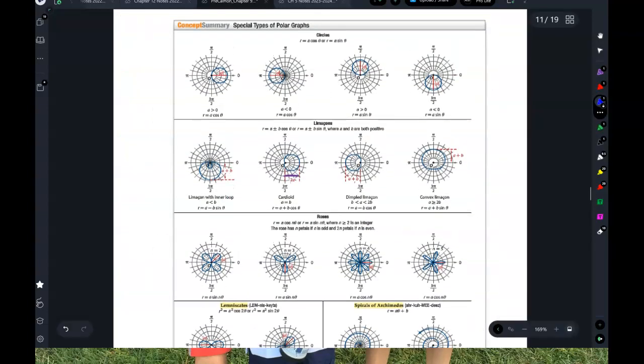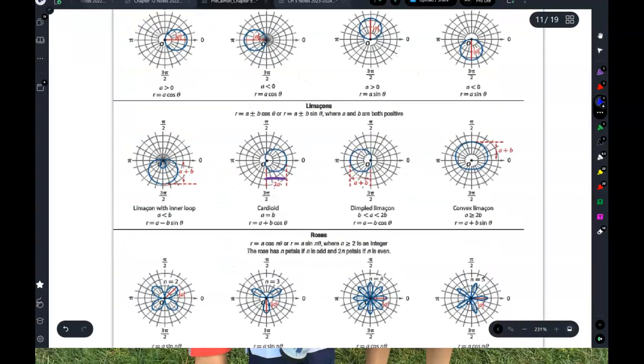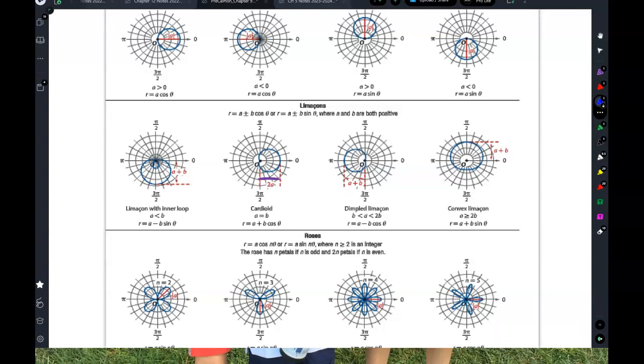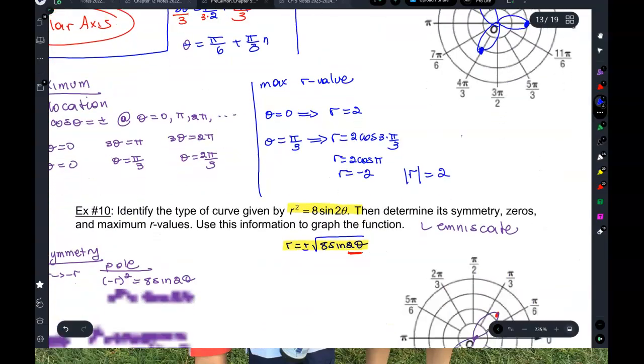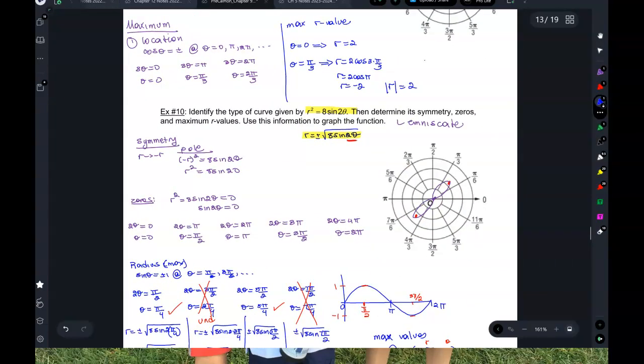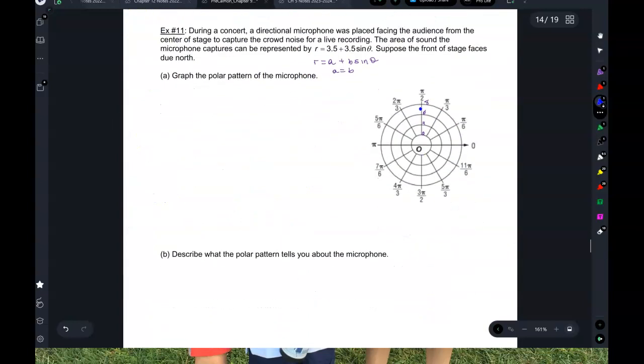With cosine, if you look here, it's symmetric around the polar axis. And then with sine, it's symmetric around the pole.